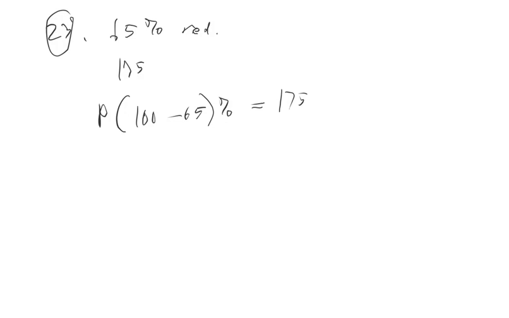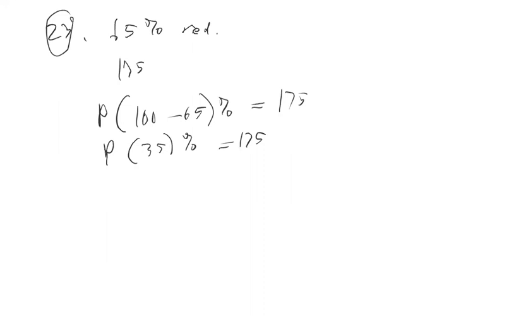So what's 100 minus 65? That would be 35. So the price times 35% is equal to 175. And then 35% equals 0.35.